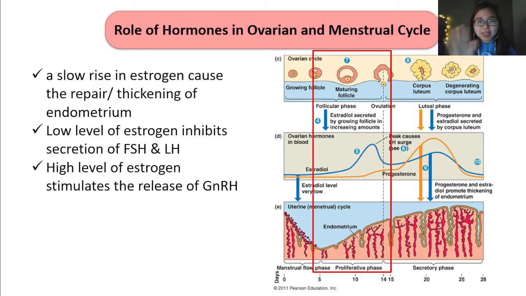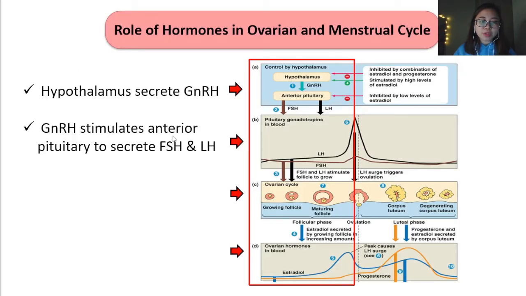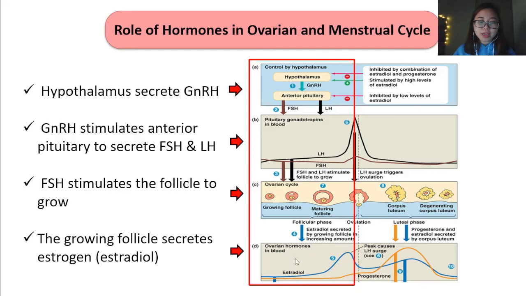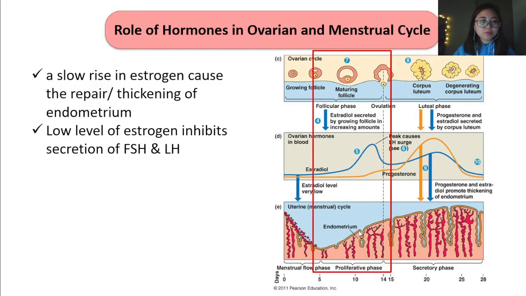vertically. Kalau tadi kita cakap macam level by level, organ by organ. Sekarang kita tengok kalau satu hormon mula berfungsi, apa kesan dia kepada bahagian seterusnya. Dan di sini kita nampak kita punya flow bermula daripada hypothalamus dengan GnRH kepada anterior pituitary dengan FSH, dari FSH kepada follicle, follicle kepada estrogen, estrogen kepada kita punya dinding endometrium.